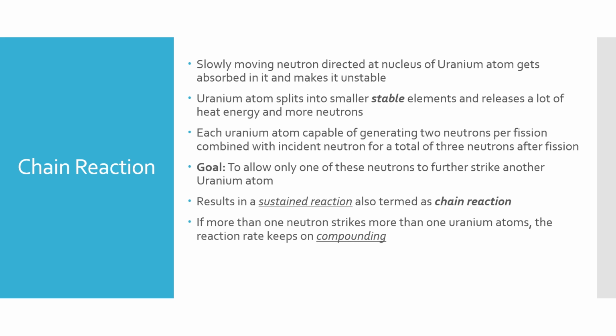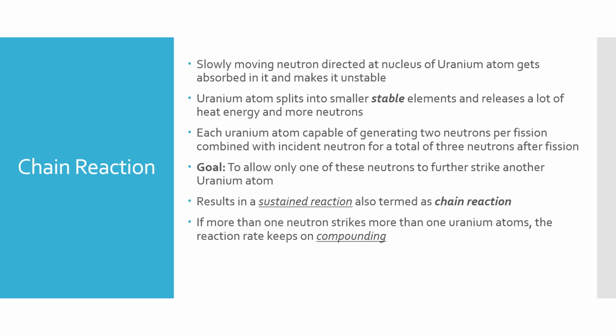Why is it necessary to allow only one neutron to strike further and cause another fission? That is important, because if more than one neutron strikes more than one uranium atom after any fission, then the reaction rate will keep on compounding.